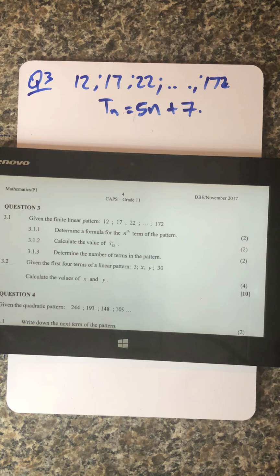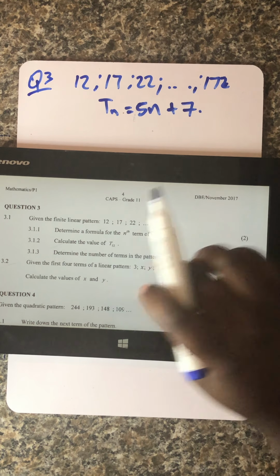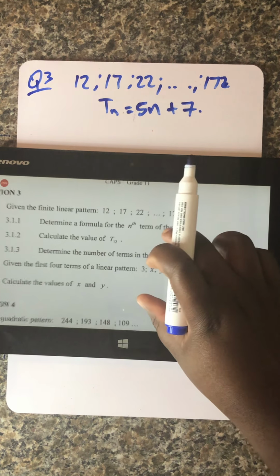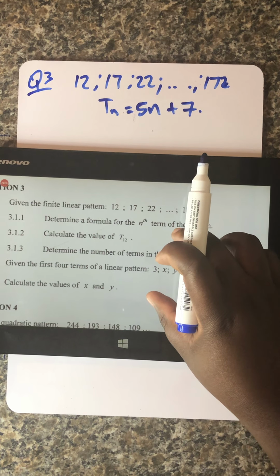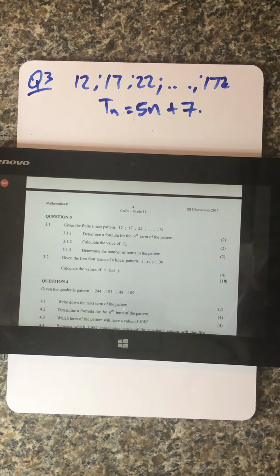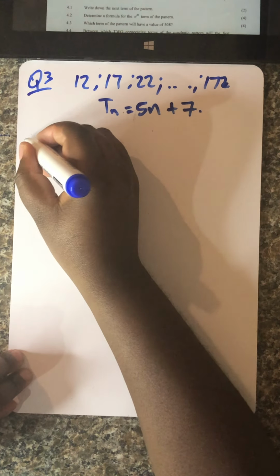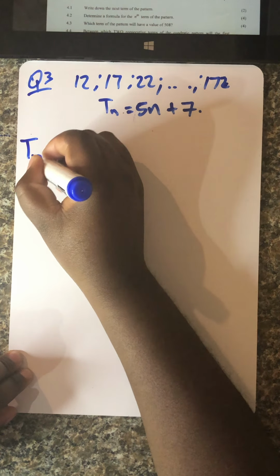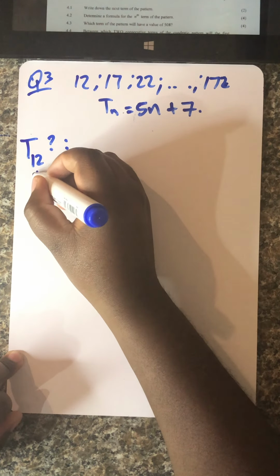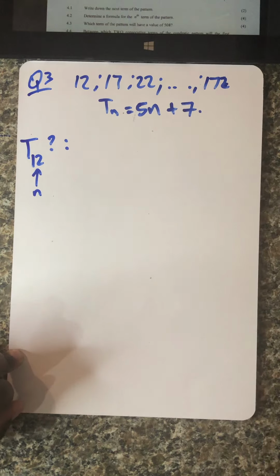Ladies and gentlemen, let's now move to question 3.1.2, and the question says determine the value of T12. This question is allocated 2 marks. So the question is asking what is T12. Remember, guys, this is the position for n, right?